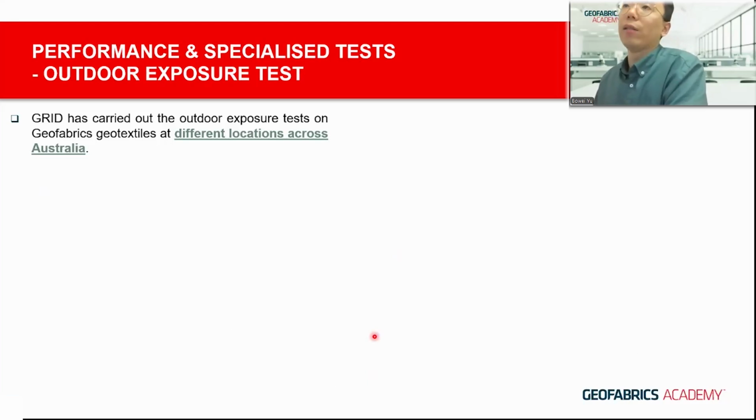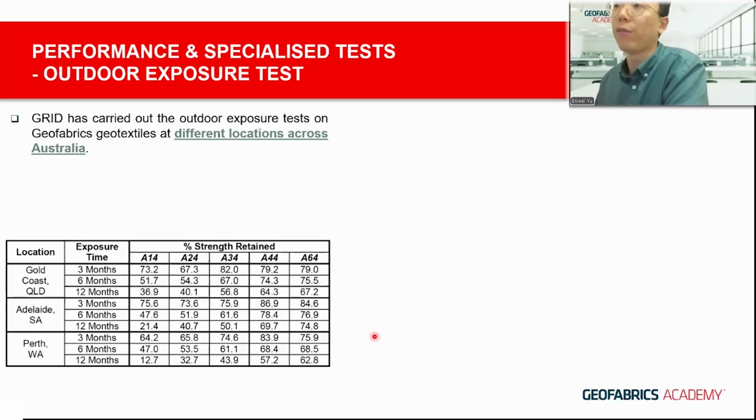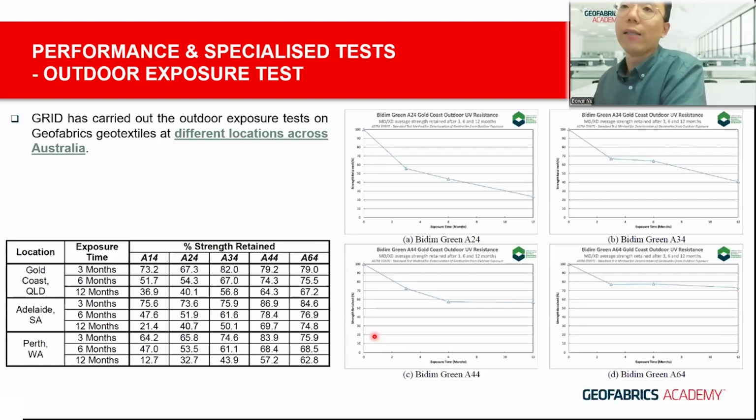And we have carried out these outdoor exposure tests on our geotextiles at different locations across Australia, because this is a very wide country. We have very different UV index along the different latitudes. And we do have the locations in Gold Coast here, and we also have Adelaide branch and Perth branch help us to do those UV exposure tests as well.